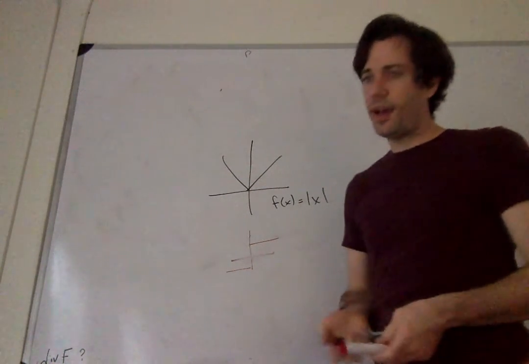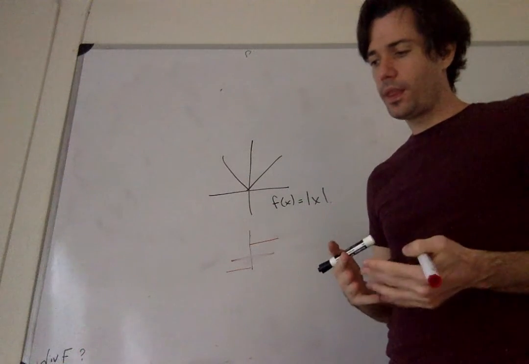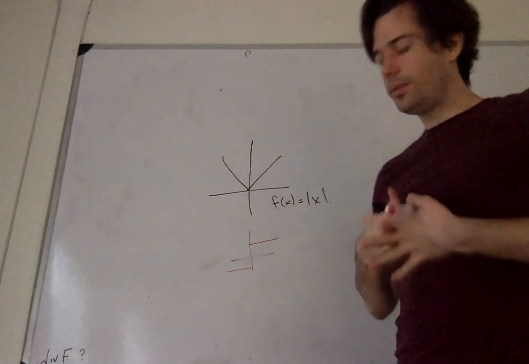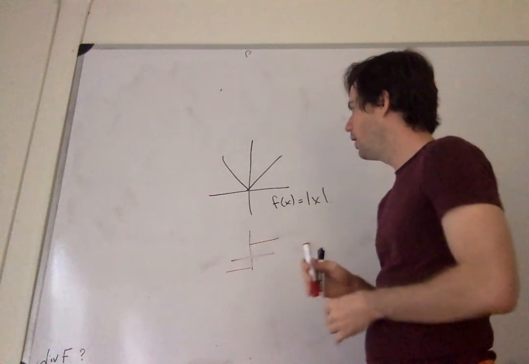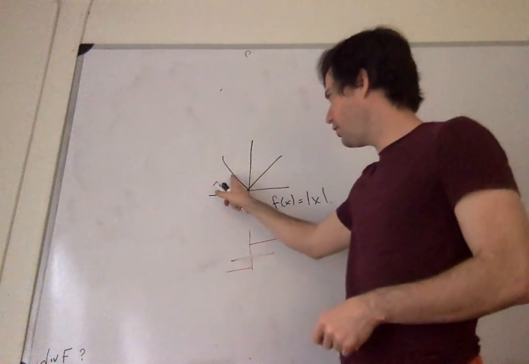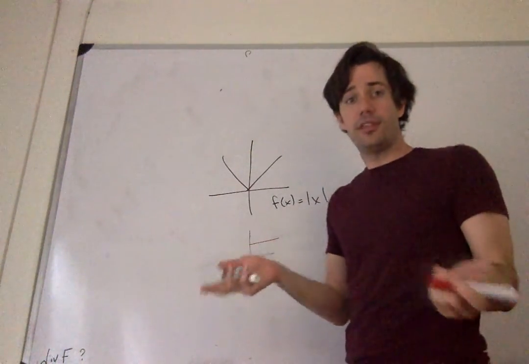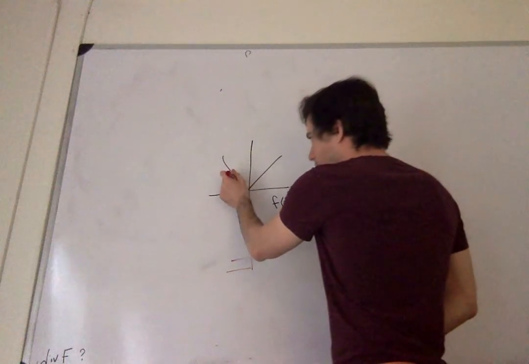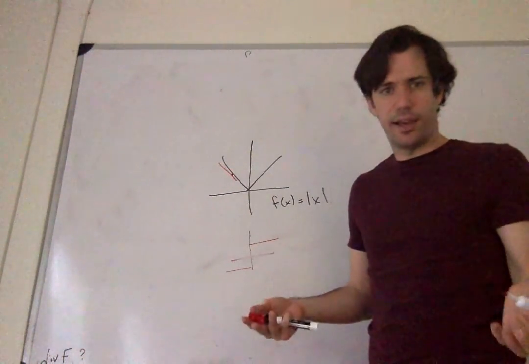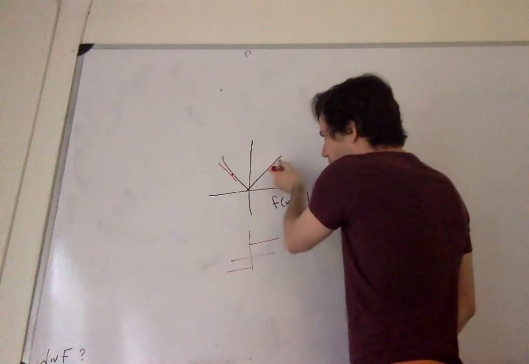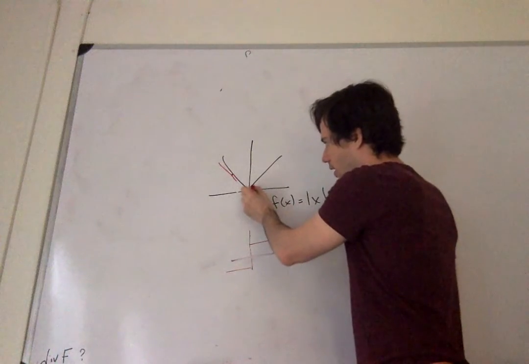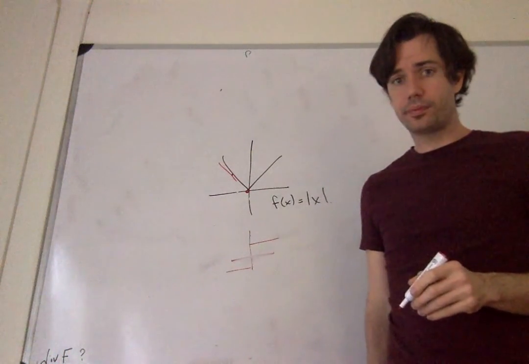So you might ask, if I had to ask what is the tangent line at this point, what is it? Well, it's that line, isn't it? So at this point, I have this tangent line. And I can keep going, and I can do it here. But you might ask, what is the tangent line at that point?